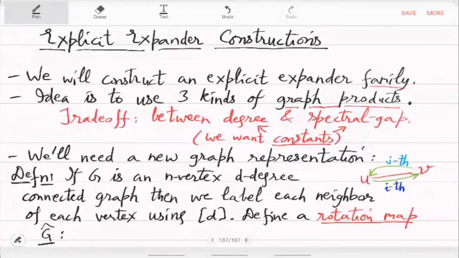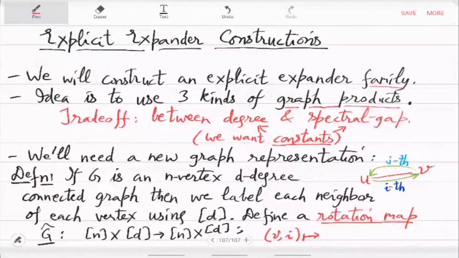G hat, it's on [n] cross [d], so the way it will send is, let me define it here. It will send (v, i) to (u, j).